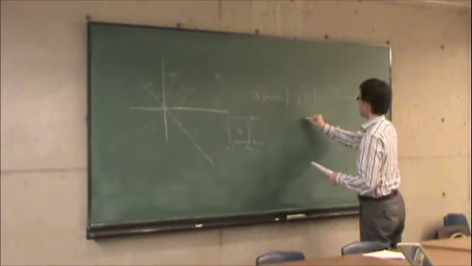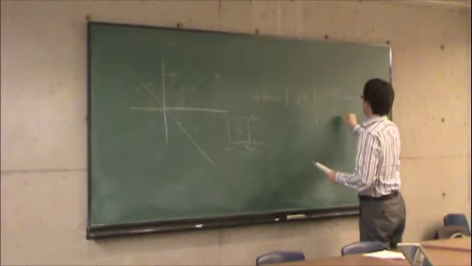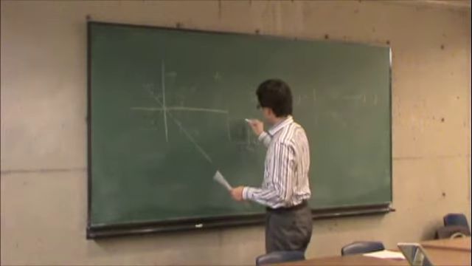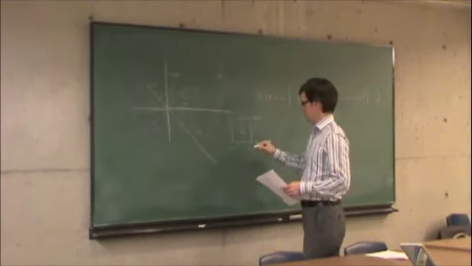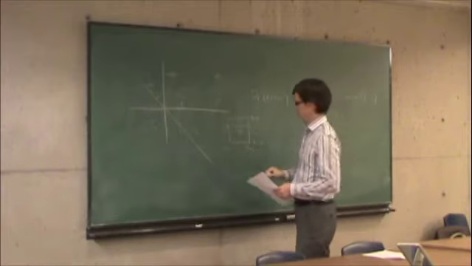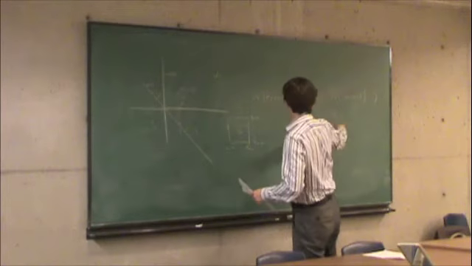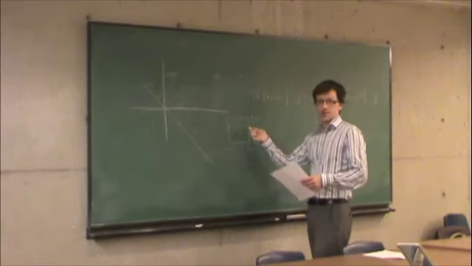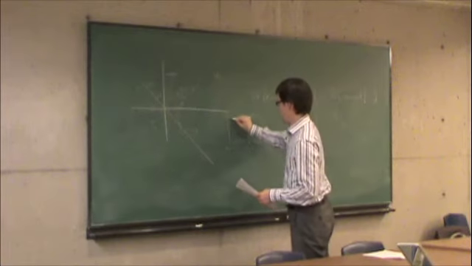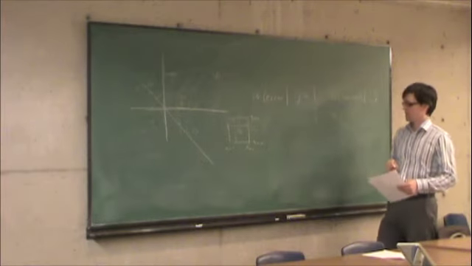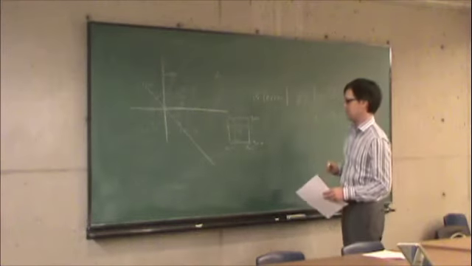And we said that this is equal to 1 minus the probability that, well, what it really is, the probability of being correct is the probability that the X coordinate is between X min and X max, and the Y coordinate is between Y min and Y max. And we said those events are independent.